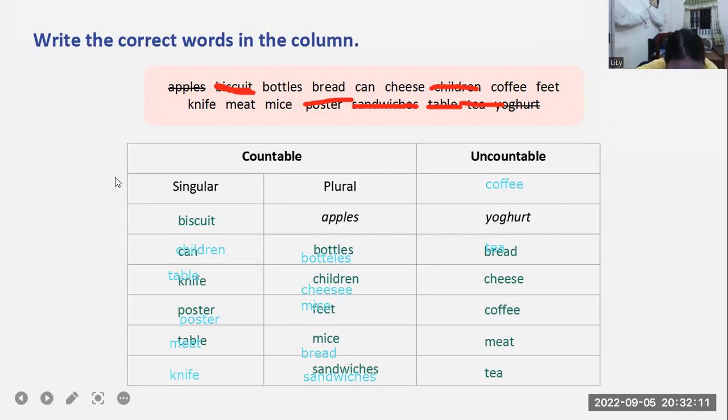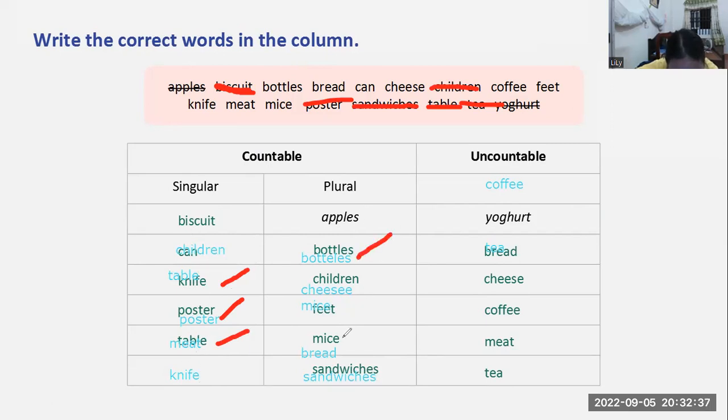So for this one, you got poster. Okay, poster. Knife. Very good. You got knife. Table. Table also table. Meat.